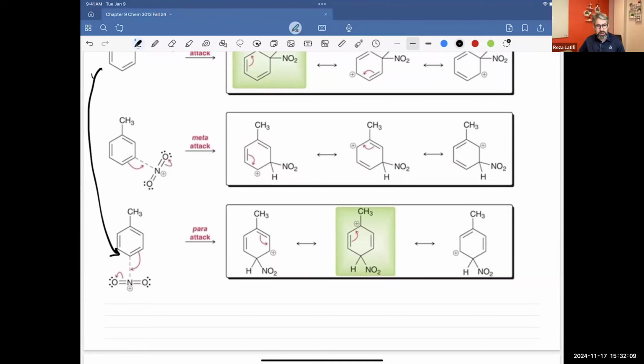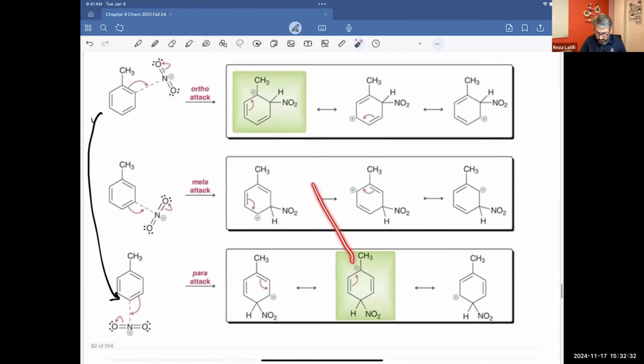If we add it to para, now we will have a positive charge here, positive charge there. It looks far from the methyl, but we can move these two electrons. If we move them here, now we will have a double bond there, and the positive charge is showing on a carbon that has the methyl substituent. Again, this one looks similar to that. The positive charge is sitting on a carbon that has an electron donating group there.